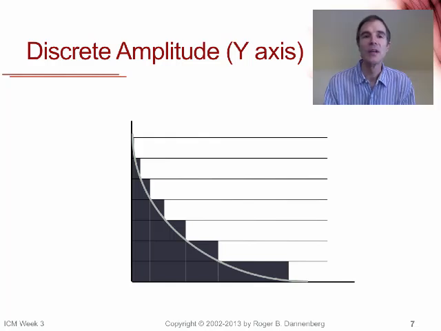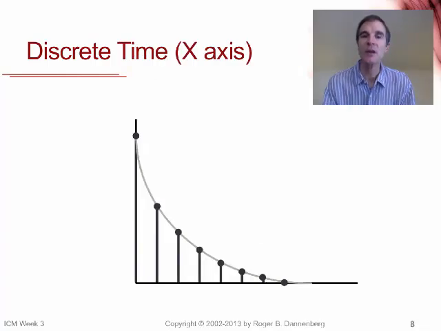So first of all, there are discrete amplitude measurements. This is the vertical or y-axis, because we're converting what we think of as continuous or maybe real numbers into integer samples with finite resolution. There's also a discrete aspect to the horizontal, the x-axis or the time axis, because we're taking samples not infinitely often, but only periodically at discrete time points.